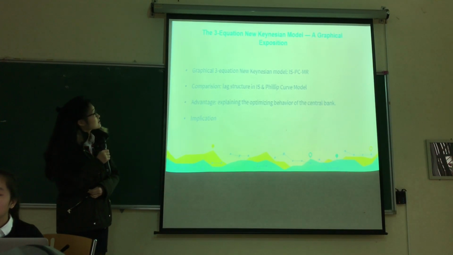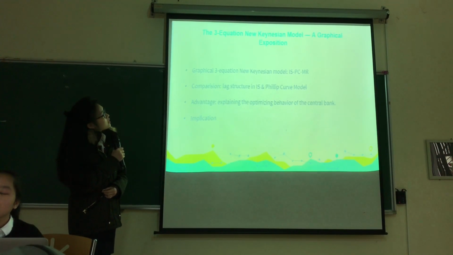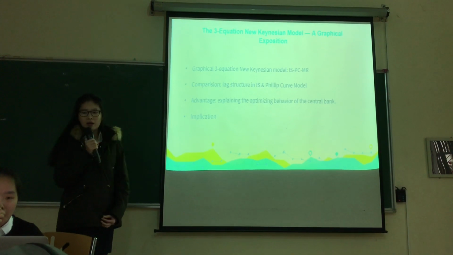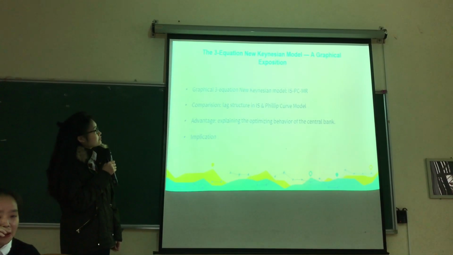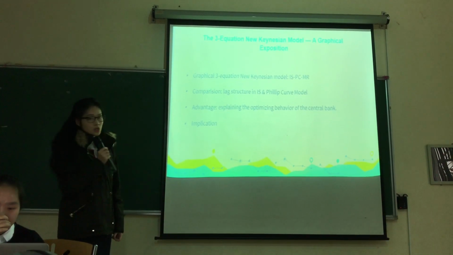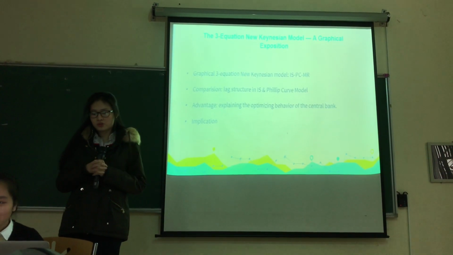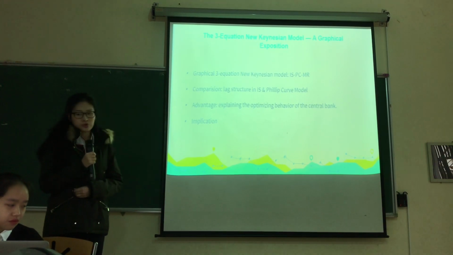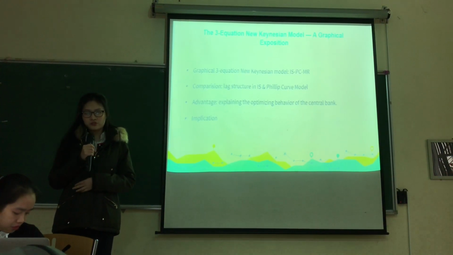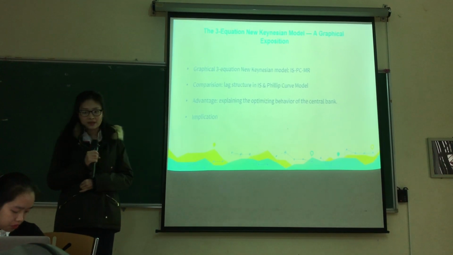The first article is the three equation new Keynesian model, and this article focuses more on the graphical exposition. According to the author, the new graphical IS-PC and MR model is a simple version of the economy used by the central bank.